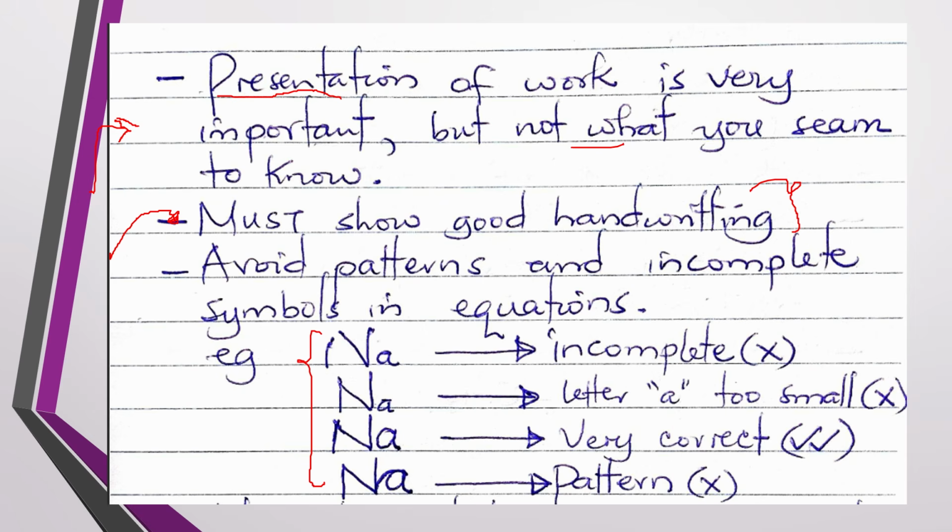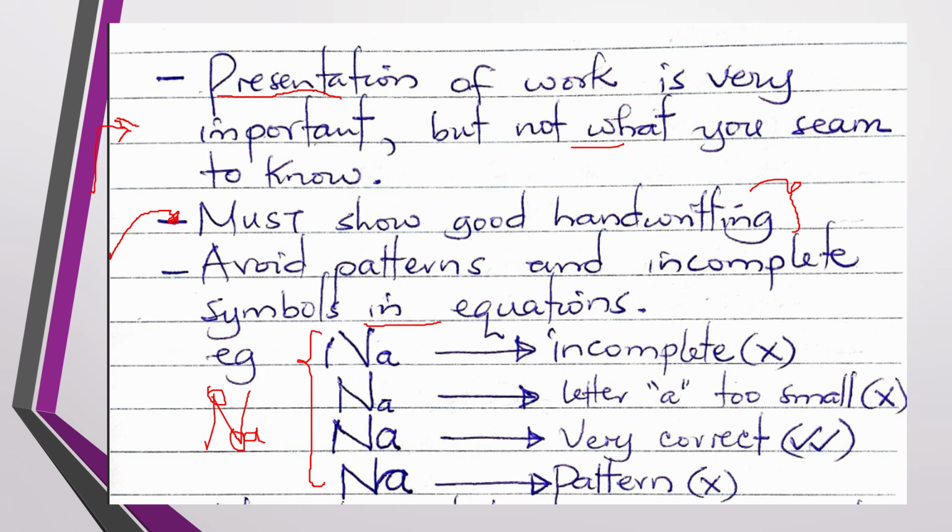So avoid patterns and incomplete symbols in such equations. If you are writing sodium, Na, the N must be well connected with all its corners. If you leave a space in between that letter, you don't qualify for a mark. So the whole equation is going to be wrong.